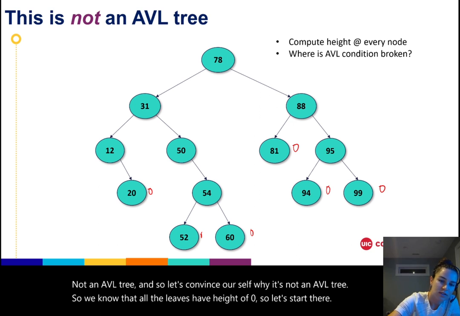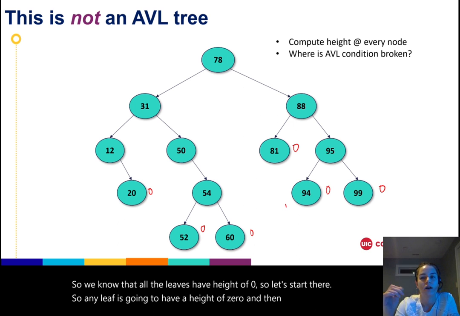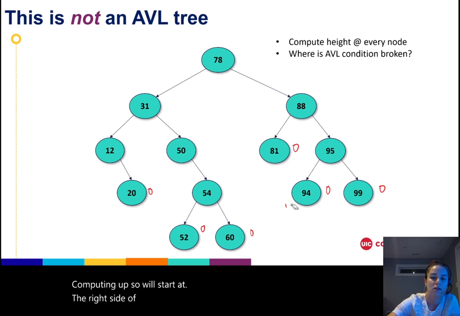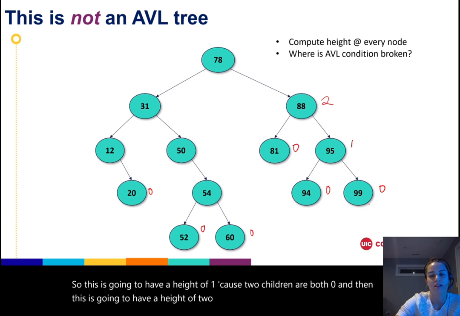Any leaf is going to have a height of 0, and then we'll start computing up. We'll start at the right side of the tree. This is going to have a height of 1 because its two children are both 0, and then this is going to have a height of 2 because the longest path is down to 99 or 94.